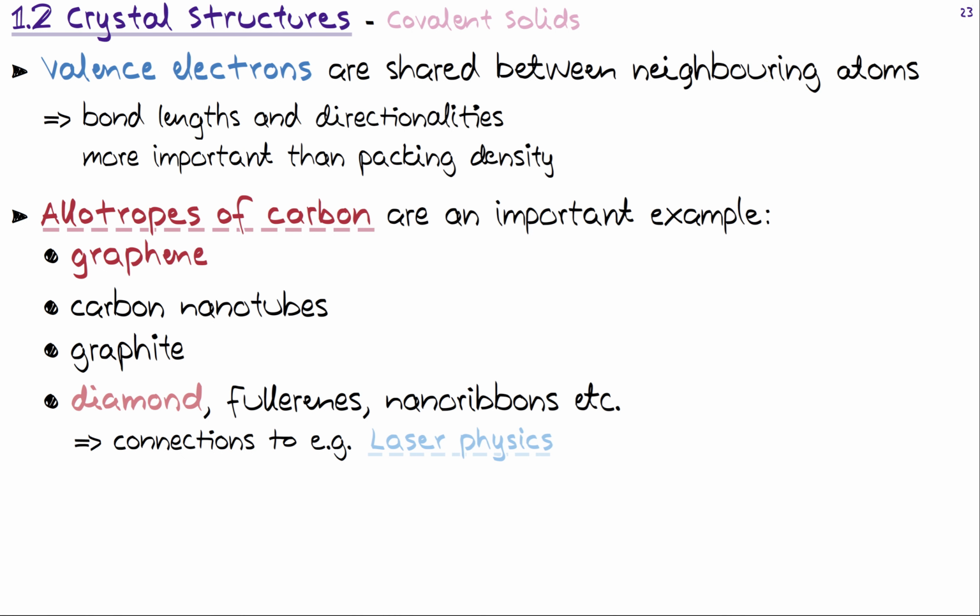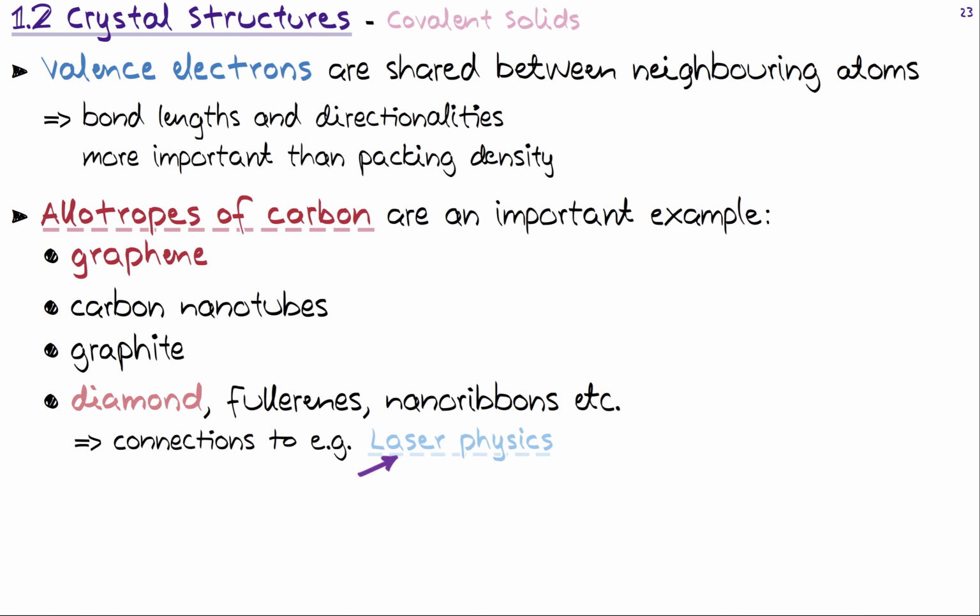So for example, we will soon later discover that diamond is the best thermal conductor there is. And if you want to make high power lasers, at some point we just need to pump the laser crystals or the lasing media very strongly. And that means that it will absorb light.